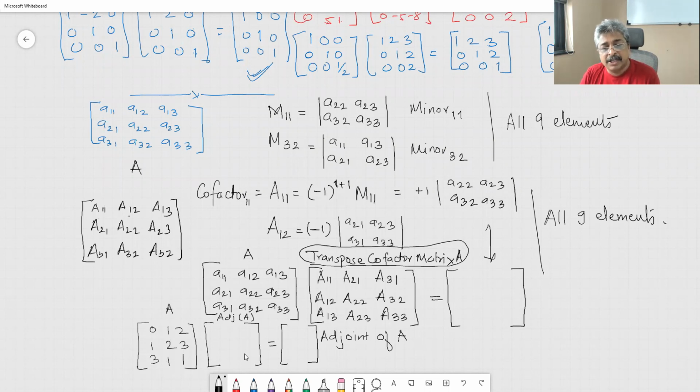Find the transpose cofactor matrix of A. The transpose cofactor matrix of A is called the adjoint of A. So find this adjoint of A, capital A11, capital A21, capital A31, and then multiply and see what you get in RHS. That is easier.